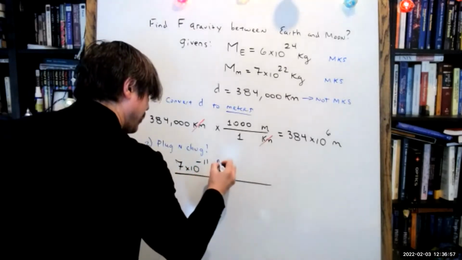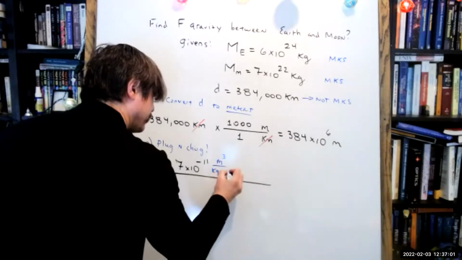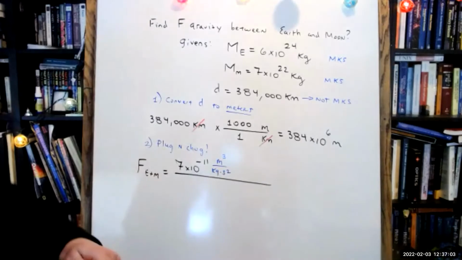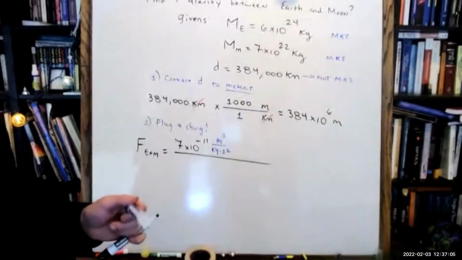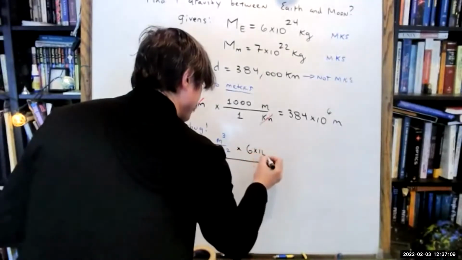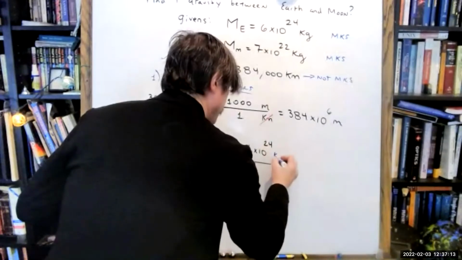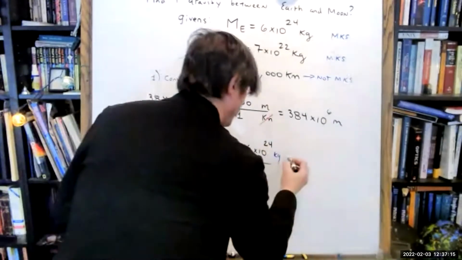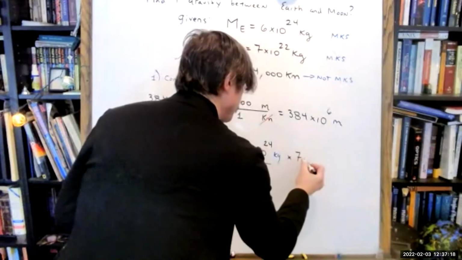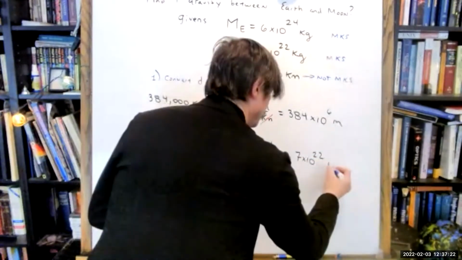The units are meters cubed per kilogram per second squared. Notice that I'm writing in my units as I go here. Times the mass of Earth, 6 times 10 to the 24 kilograms, times the mass of the Moon, 7 times 10 to the 22 kilograms.